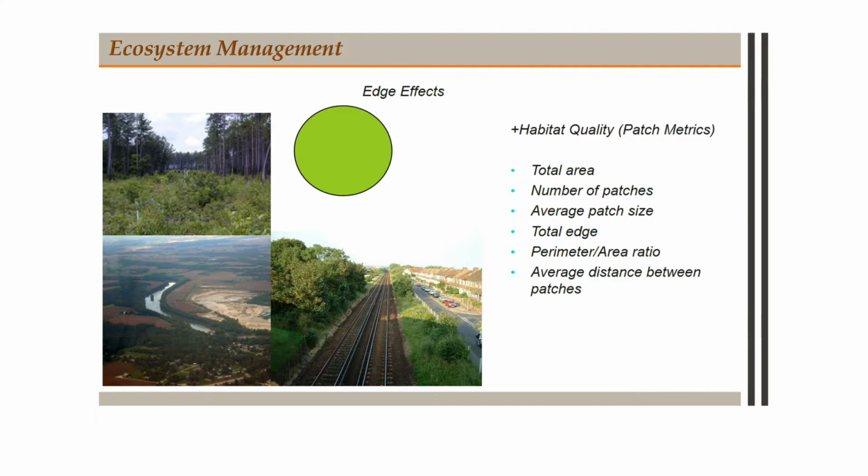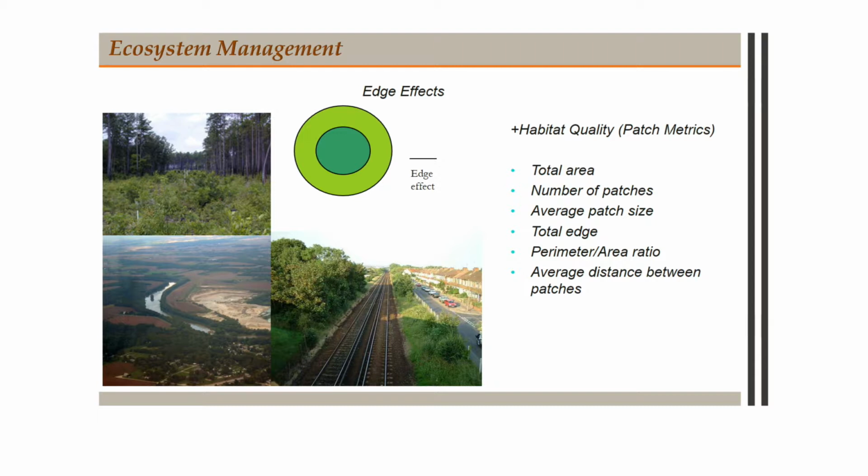But the reality of it is that we've cut away some of the habitat around that, and this is all that remains. And the area around the perimeter, the edge, is not high-quality habitat for the species that want to live there. The edge is more suited to edge specialists, generalists that can cross a lot of different types of landscapes.